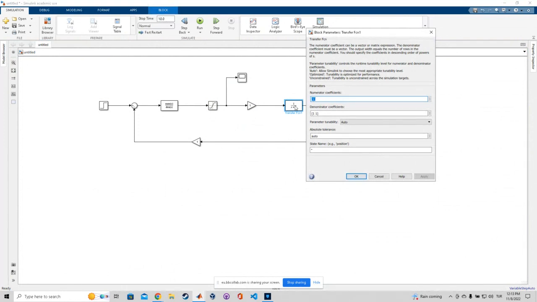Your second transfer function has 4.7 for the inertia, your load inertia. And then let's decide the first one is 1, and the second is 4.7.